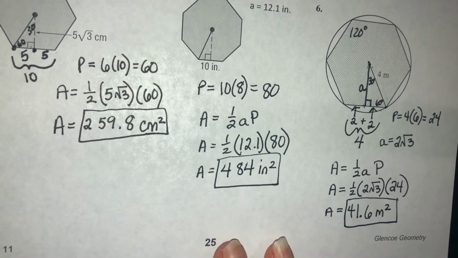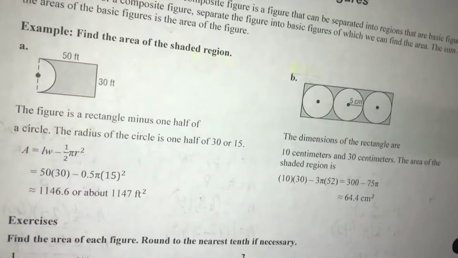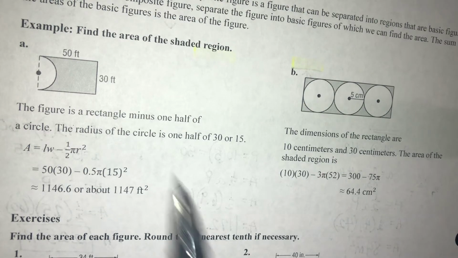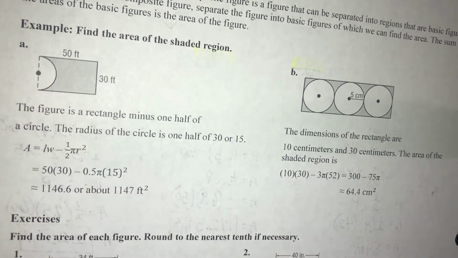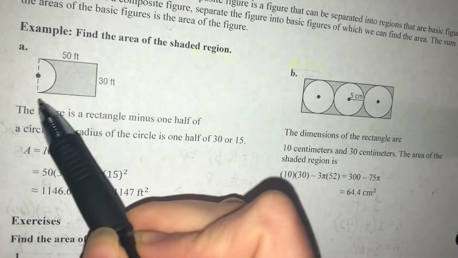Now let's go on to the areas of composite figures. So, when we're finding areas of composite figures, it's often a sum or a difference of known areas. So for example, this little A here was a rectangle where we cut out half of a circle.